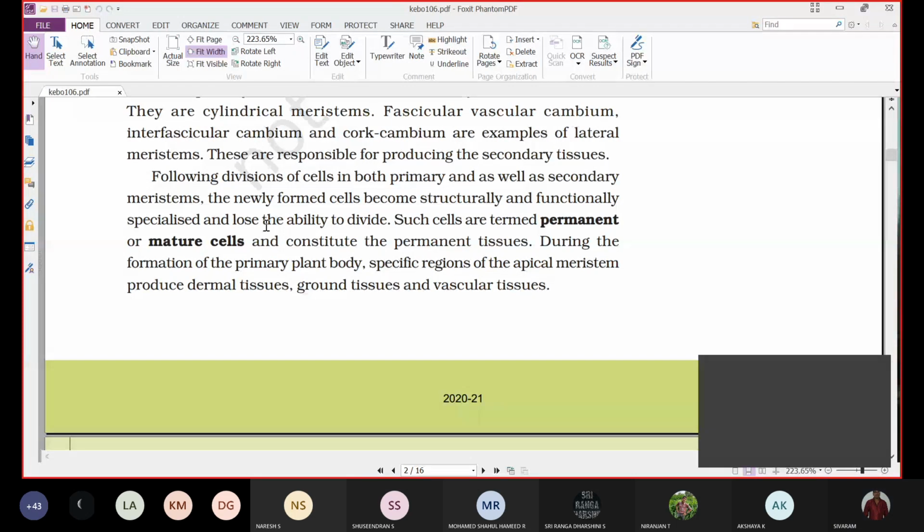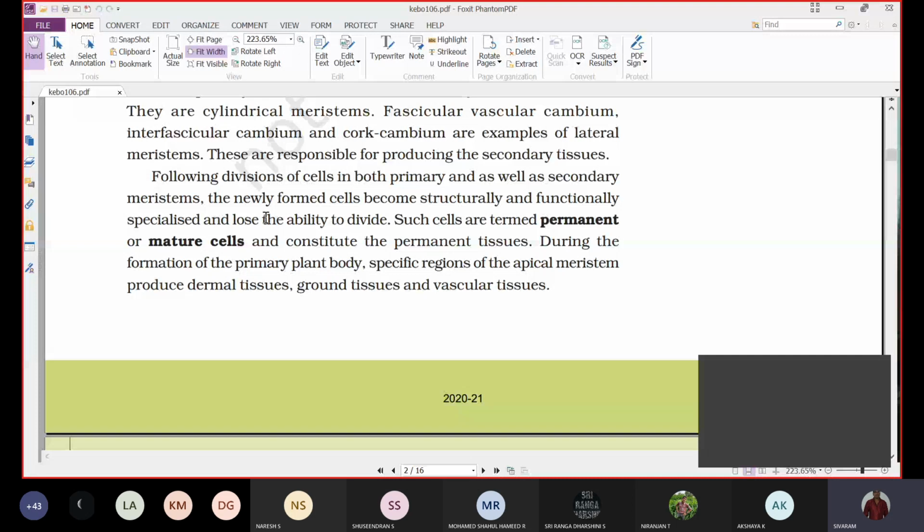Following divisions of cells in both the primary as well as secondary meristems, the newly formed cells become structurally and functionally specialized and lose the ability to divide. Such cells are termed permanent or mature cells and constitute the permanent tissue.